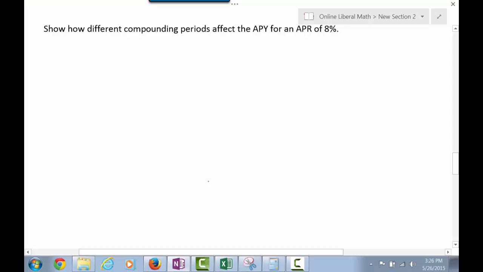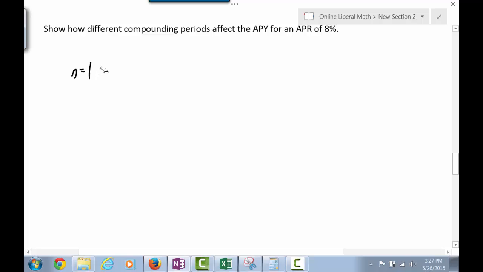Show how different compound periods affect the APY for an APR of 8%. Okay, so we're just going to look at some different amounts and see what happens as we increase n. So let's say we've got n equals 1. We're going to keep all the other parameters the same.